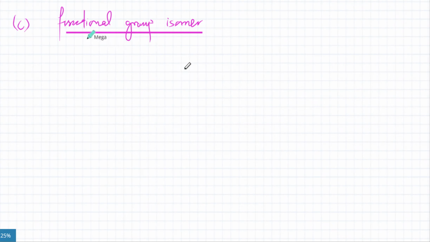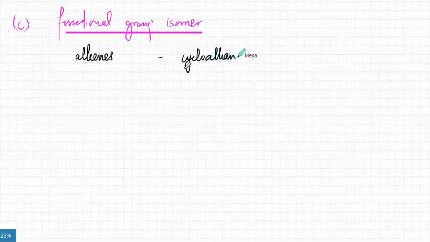So, starting with number 1, here are some groups that are functional isomers of each other: alkenes and cyclic alkanes, cycloalkanes. They are different functional groups, but they're isomers of each other.